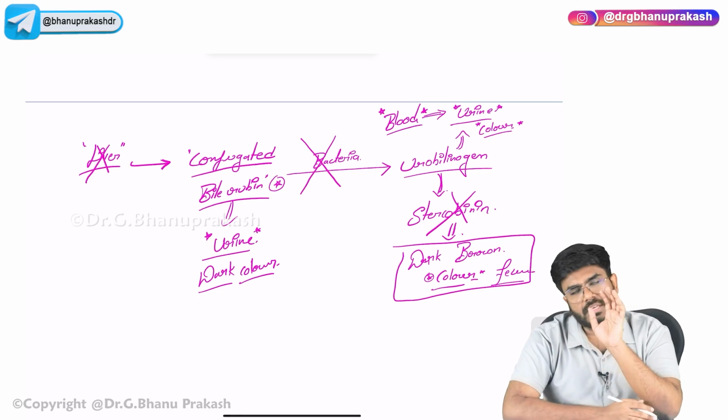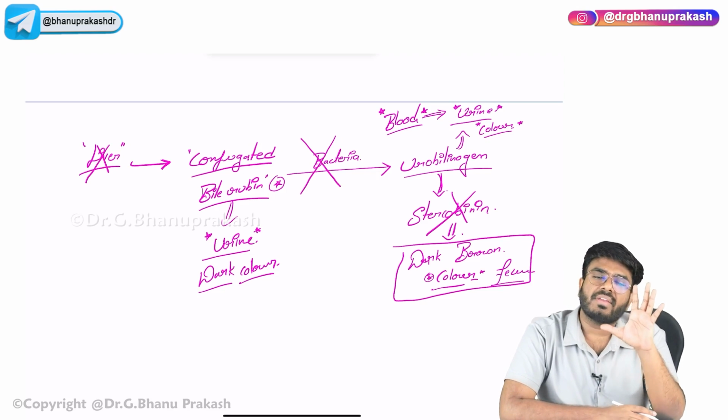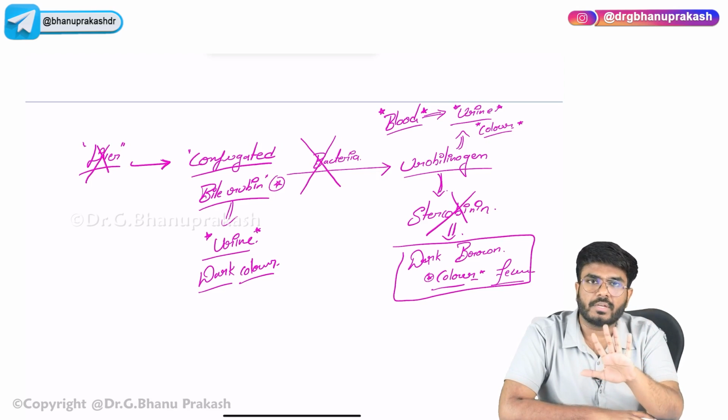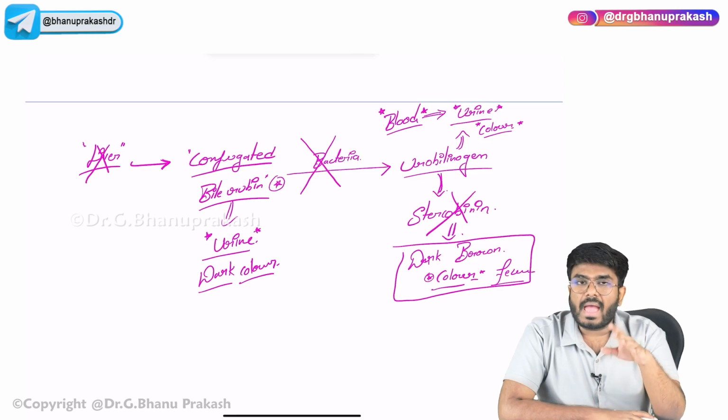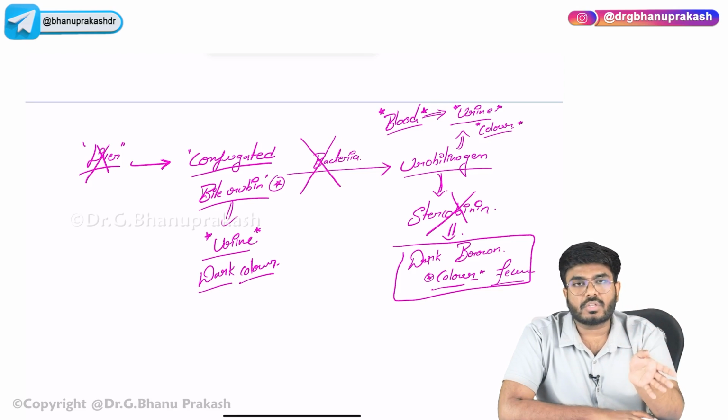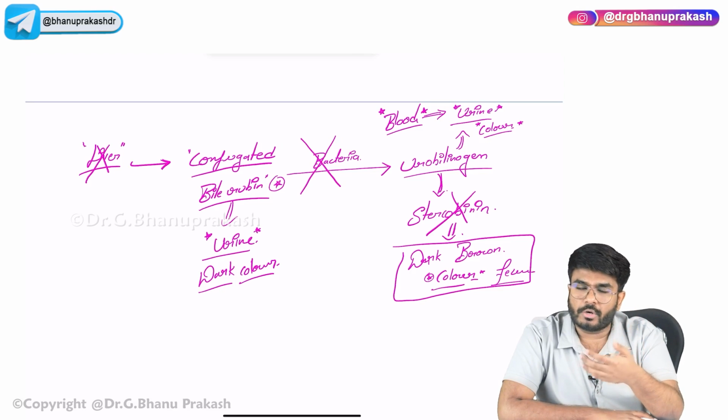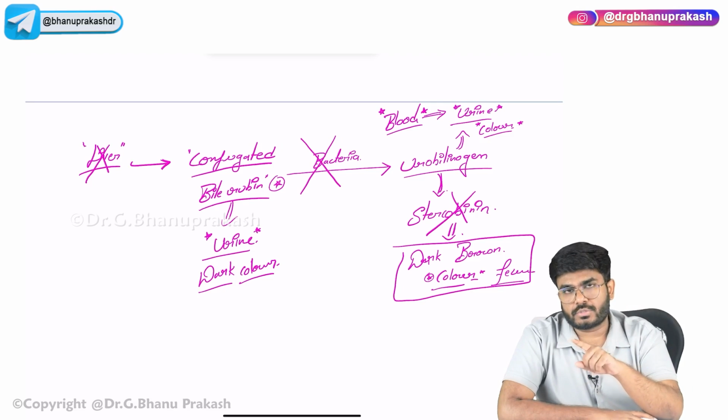In hepatitis, the liver still has the capability to convert unconjugated into conjugated bilirubin, but it is not properly excreted into the bile and into the GIT. As the conjugated bilirubin is not coming into the GIT, it is not getting converted into urobilinogen and stercobilin, and it is not coming out in the feces.